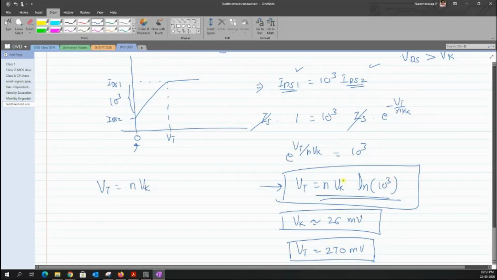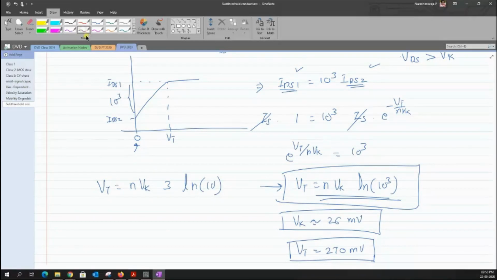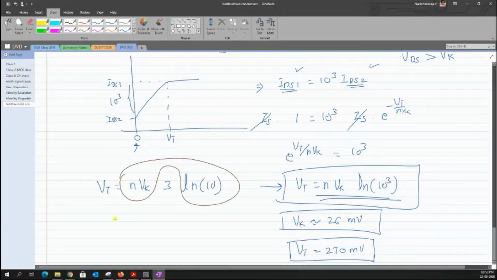This 3 can be brought in front, and I can write it as ln of 10 itself. This particular quantity is a well-known factor, which is nothing but the S factor, and just multiplying by a factor of 3 gets me the threshold voltage of the device.